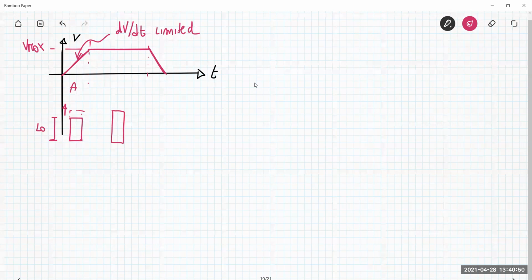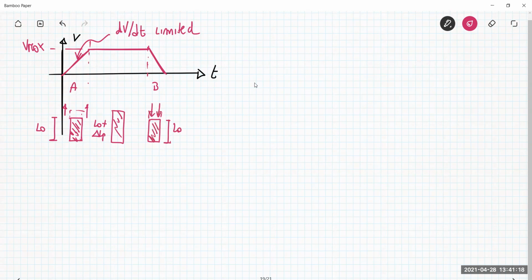Here I have L0 plus delta LP for my piezo. And then we start the phase, let's call it B, in which I have to reduce again the dimension. So I want to get back to the rest L0 position. So from this position, I will have to get down.